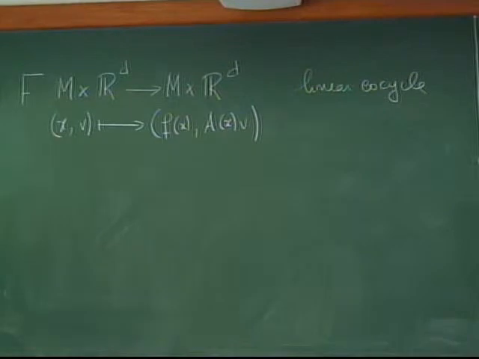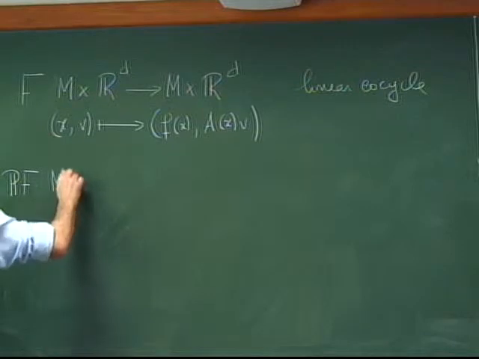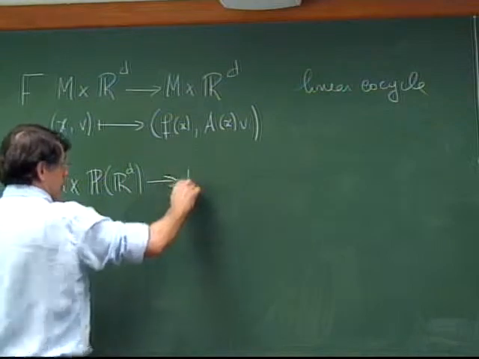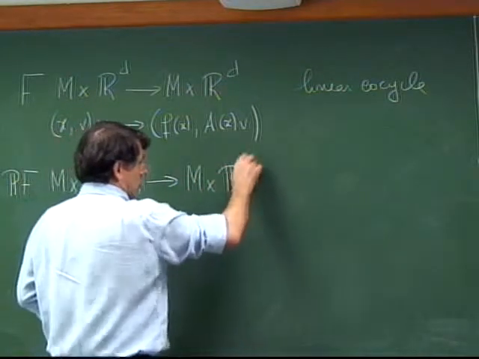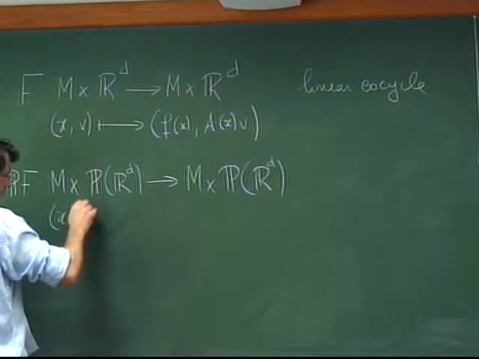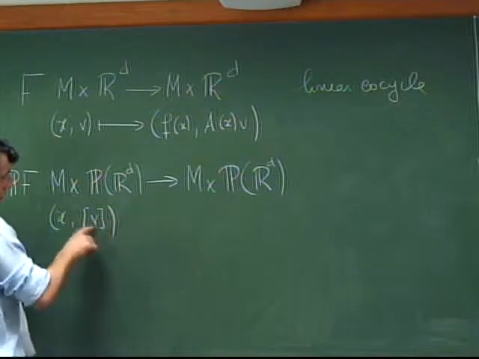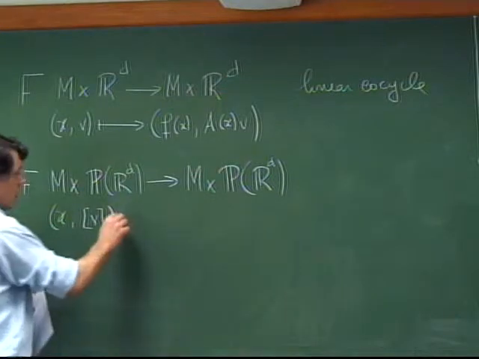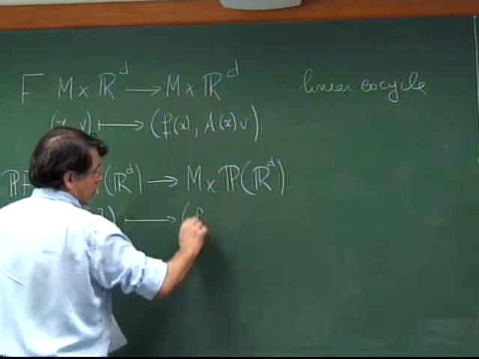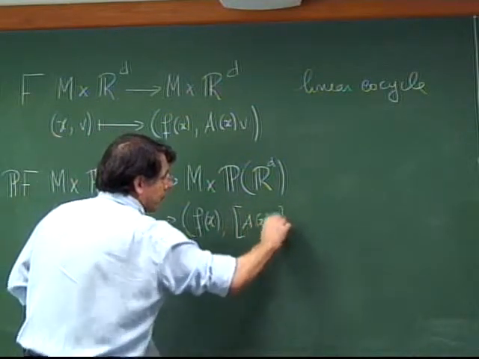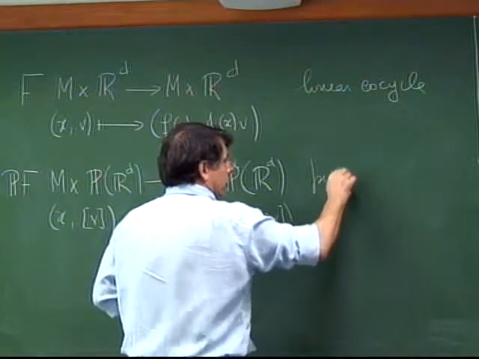And it will be important to consider the projective cocycle associated to this linear cocycle, which is just the same, except that we look at the action of the matrix in projective space. So this represents the line, the vector line generated by v, and we just look at the action of A on lines. So this is a projective cocycle.